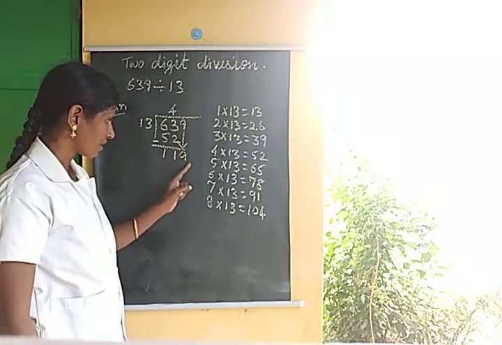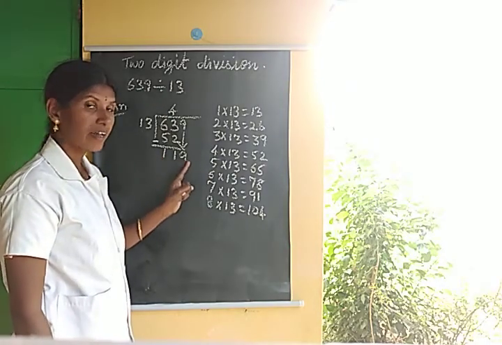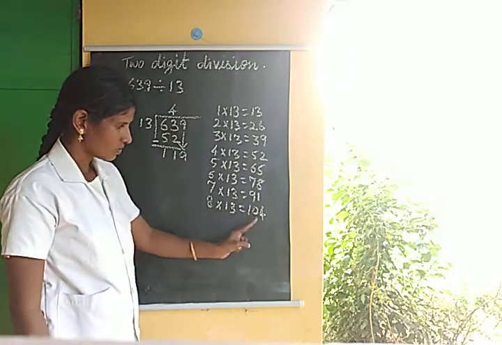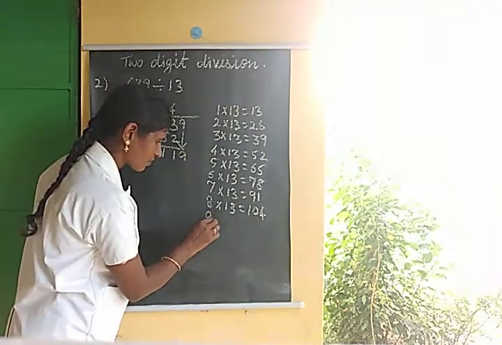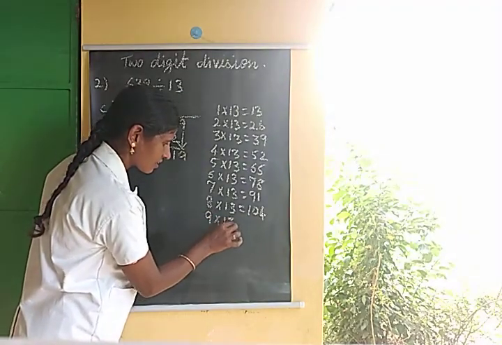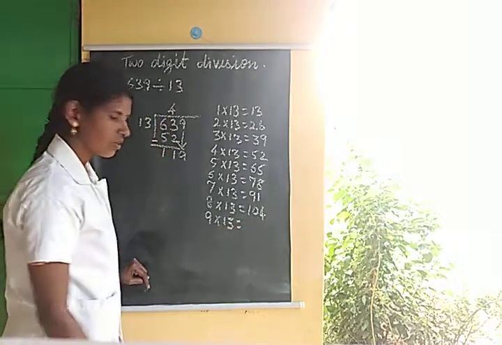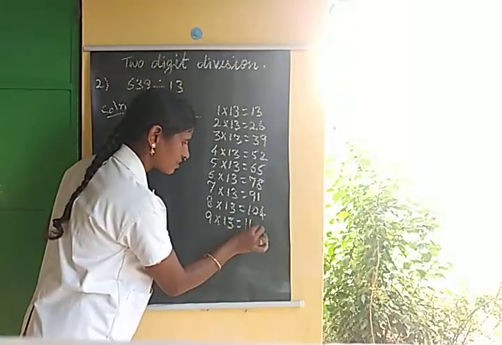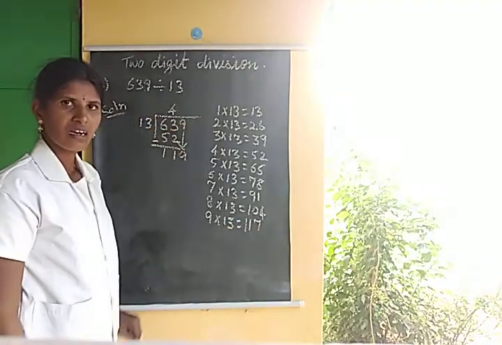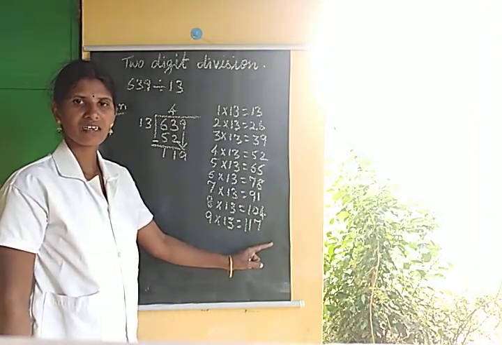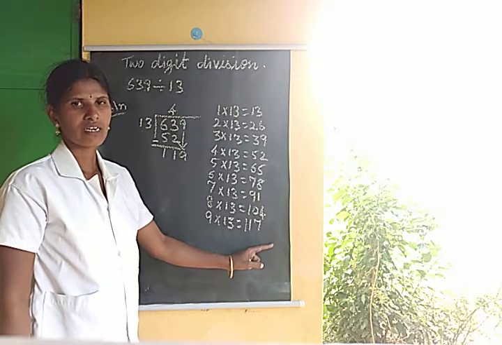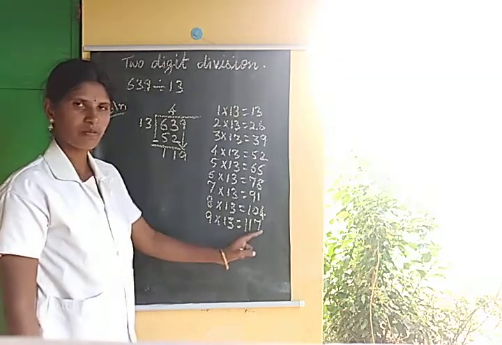Now what is this number? 119. I stopped up to 104. So we can write the next step. 9 13s are 117. 10 13s are 130. We need not write 130. Up to the 9th step is enough.